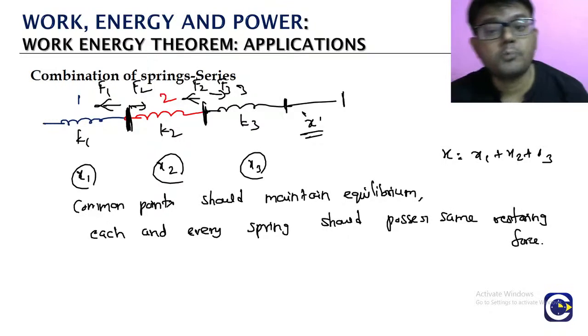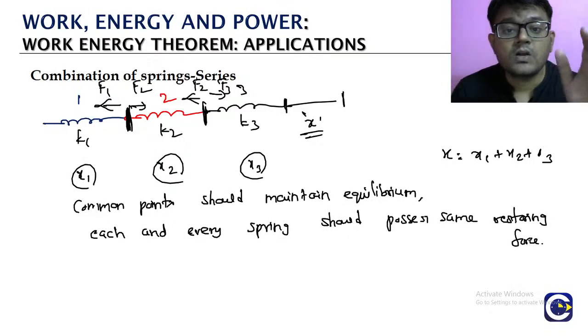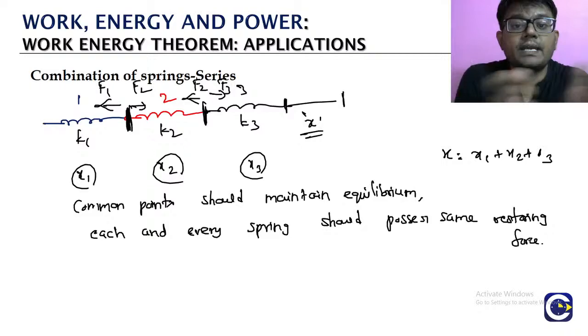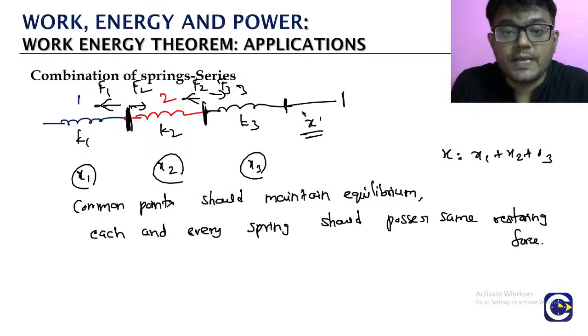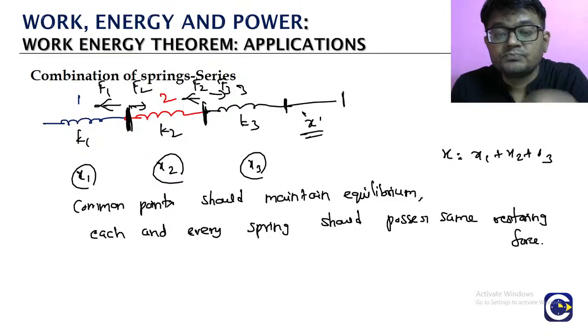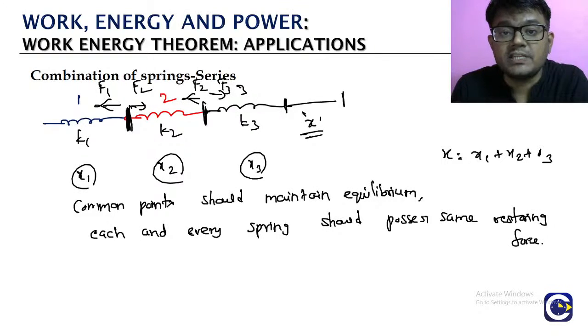This is a very important point about the combination of the springs in series. If you have a combination of, maybe we can have 4 springs in series, the restoring force in spring 1 will be equal to restoring force in spring 2. That will be equal to restoring force in spring 3. That will be equal to restoring force in spring 4, like that.